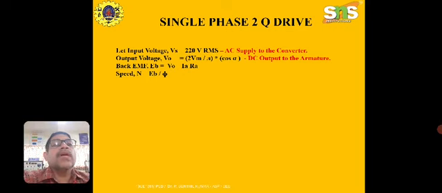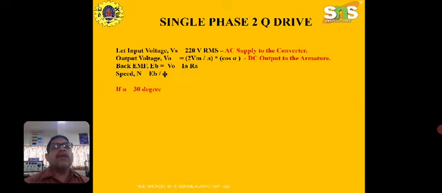Let me assume that the flux is 0.2 Webers, IA is 150 amperes and RA is 0.06 ohms.